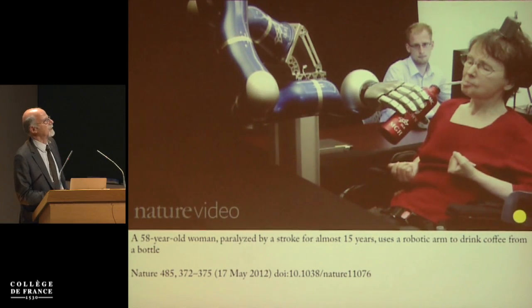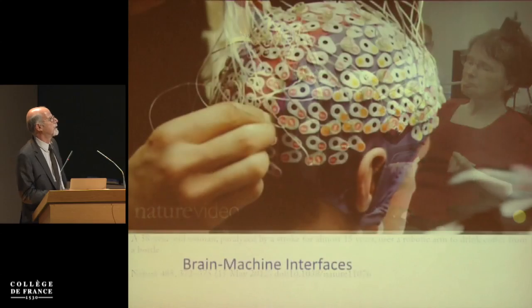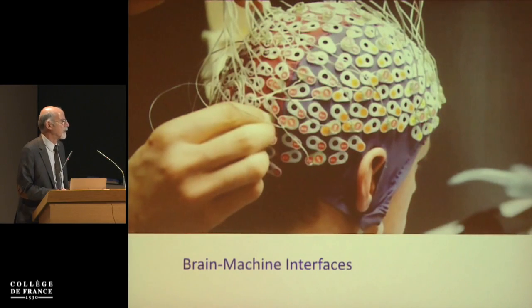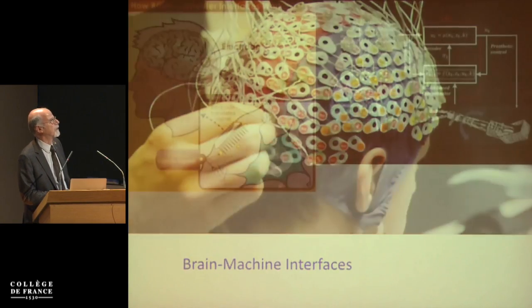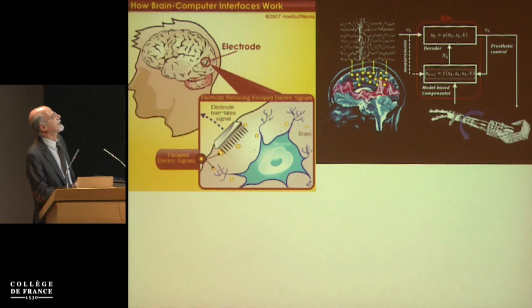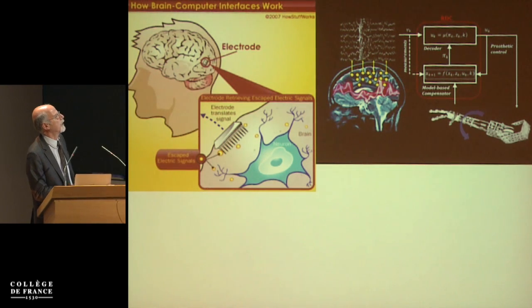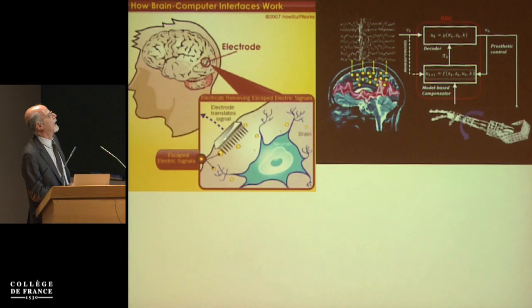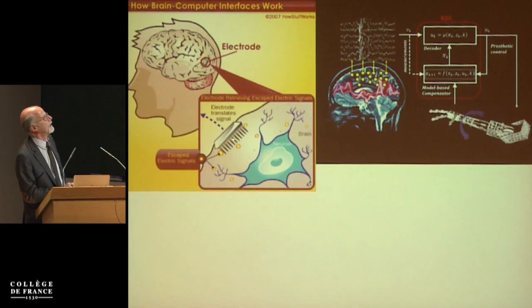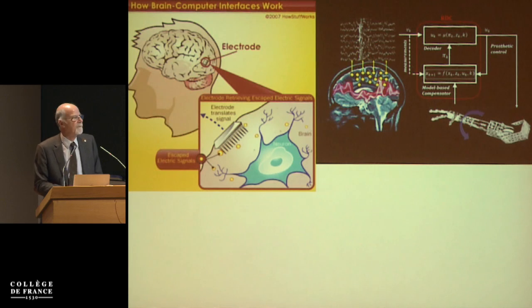And this introduces us to what are now called brain-machine interfaces, in which many electrodes are implanted in the head of a person or an animal. Basically, what is important to know is that the electrodes that are implanted need to transmit electrical pulses, and they need to be in contact with the nervous system of the person.